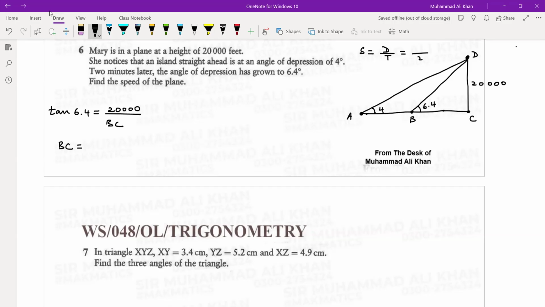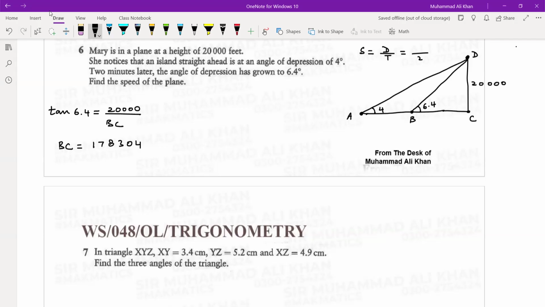It is for actually 2 minutes later, right? That's why the time is 2 minutes. 178304. This is the length BC.